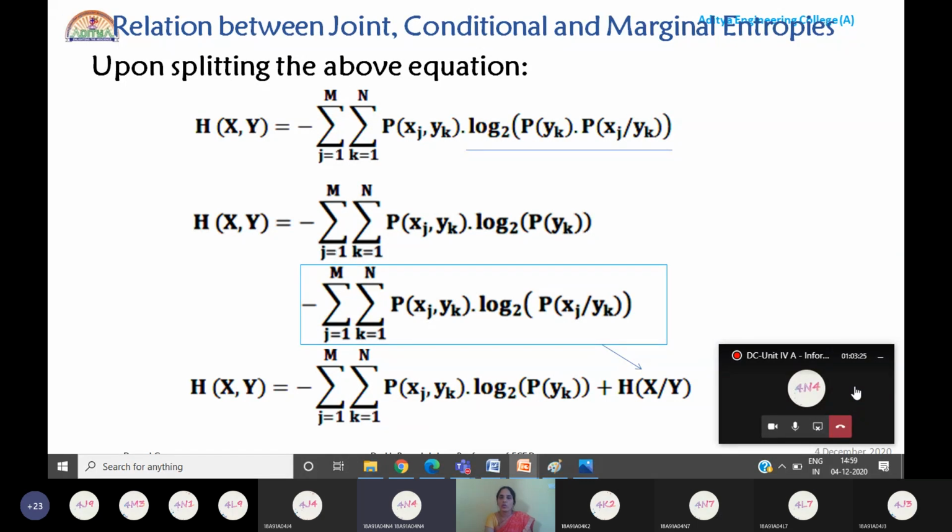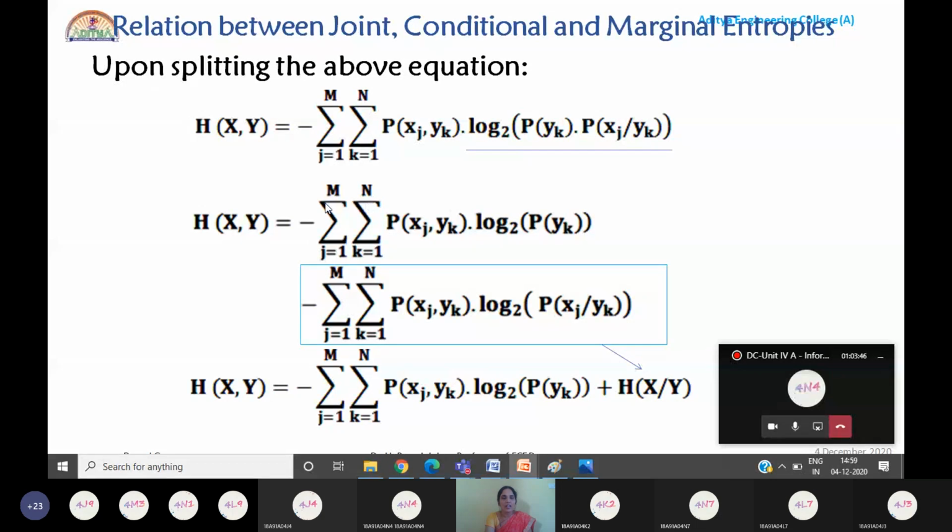So this second term represents the conditional entropy of calculating the transmitter parameters by knowing the information of receiver events. So directly we replace the second term as H of x by y.